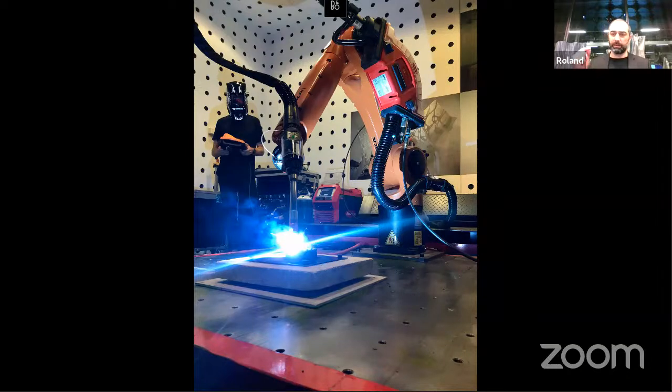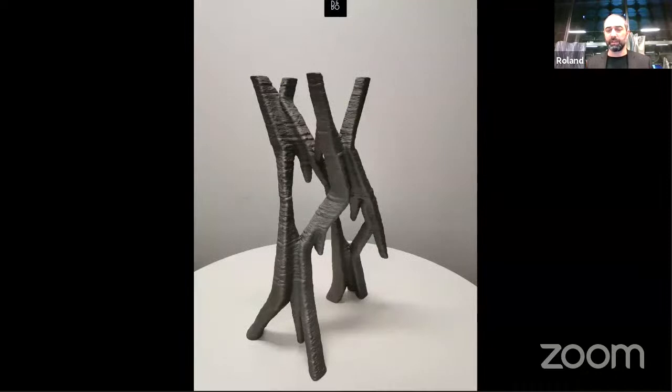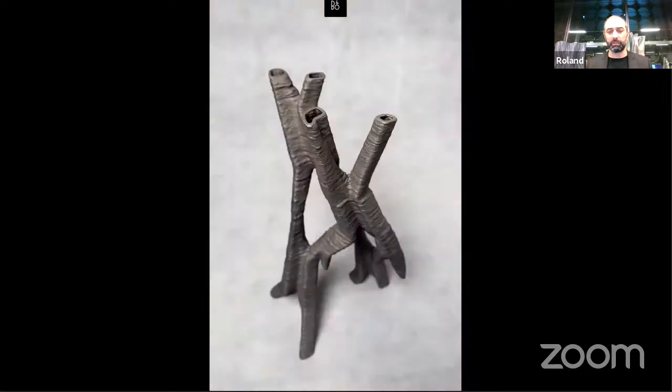What it's effectively doing is feeding wire through the torch and laying down layer after layer of molten metal. So in many ways, this is a printing technique which is not dissimilar from the layer by layer plastic printing that we've been doing. But of course, it's made from a much more architectural material, something which has far more structural capacity.